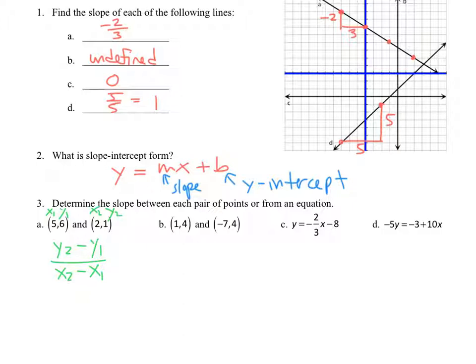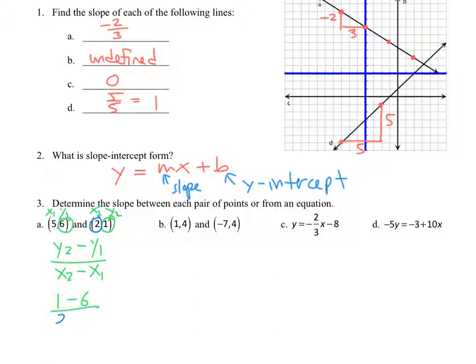And so I start by subtracting the y's on the top, and that's going to be 1 minus 6. And then whichever point I started with for the y's, I need to make sure I start with that same point for the x's. So now I'm going to do the x's on the bottom. I started with the second point, so I'm going to start with the second point again.